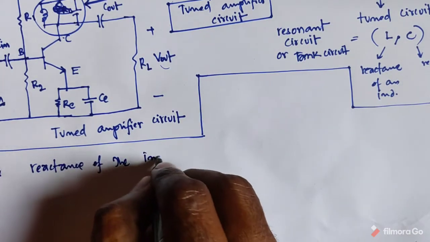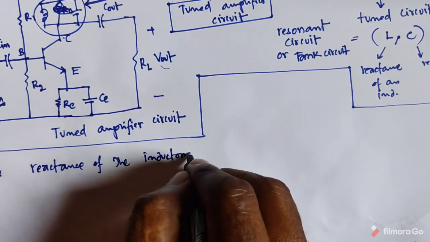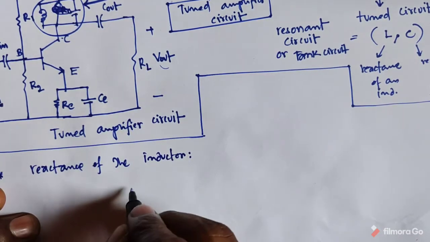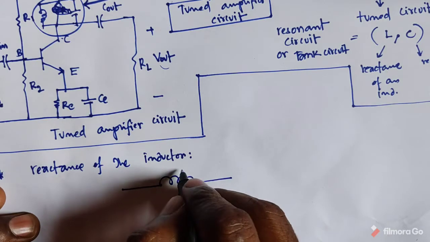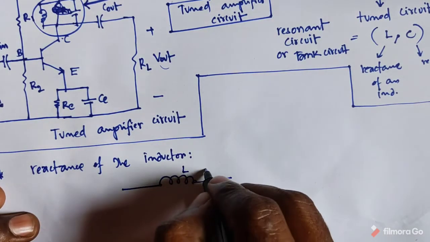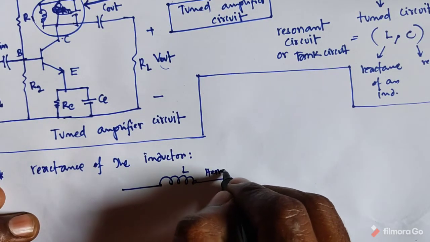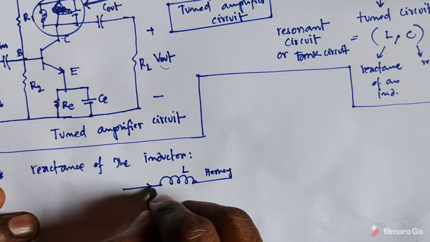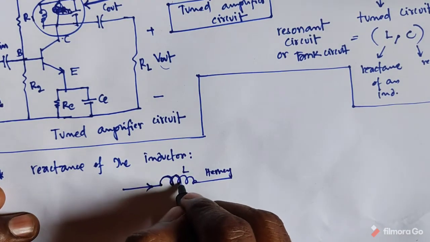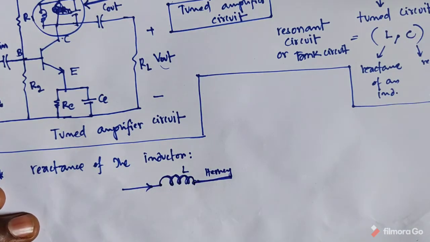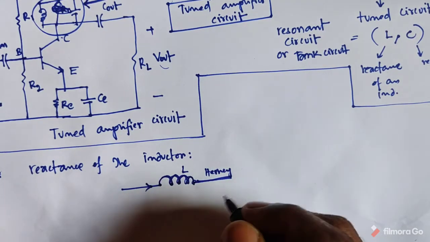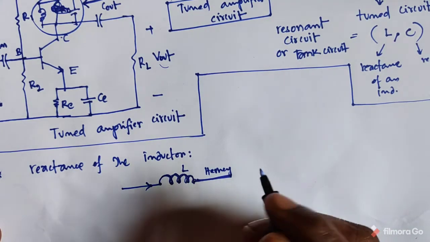Simply, if you take the concept of the reactance, take an inductor, which is represented like this and denoted by L, and its unit is Henry. The current enters in a circular direction and reaches from one point to another. So this stores magnetic energy in terms of current.